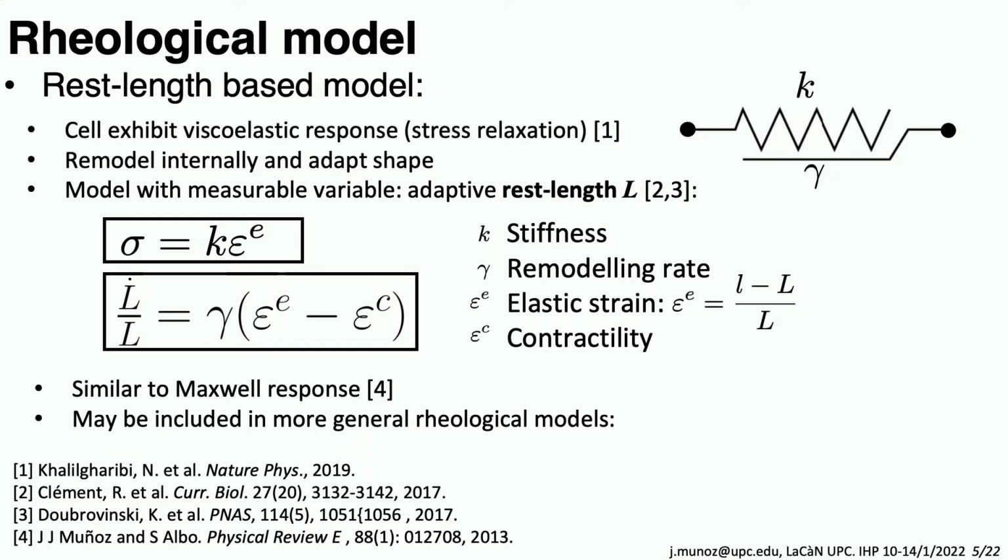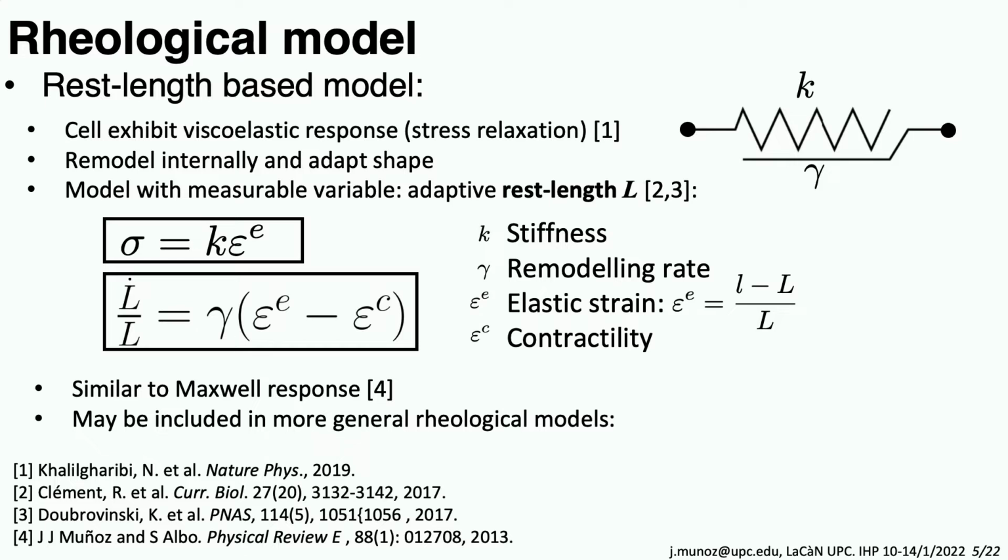That's why we prefer to work with that. This gamma here is like a remodeling rate, how fast the rest length adapts to the difference between elastic and contractility strains. It has been used in embryological models in those references, for instance, and has been useful for some cases.